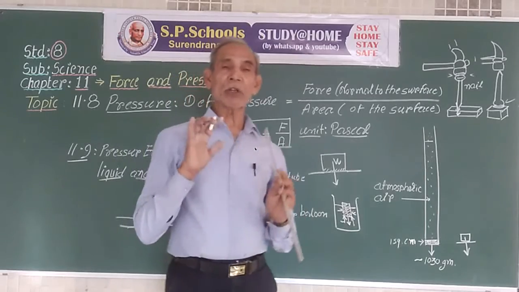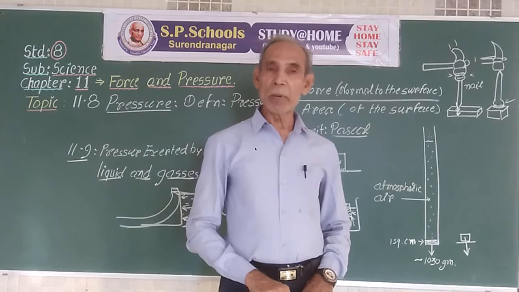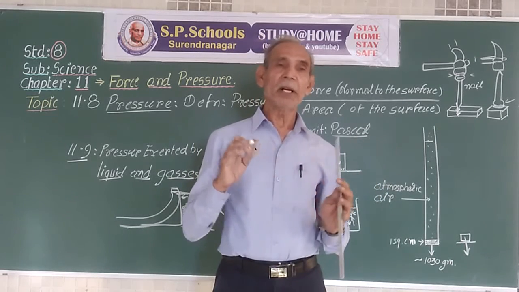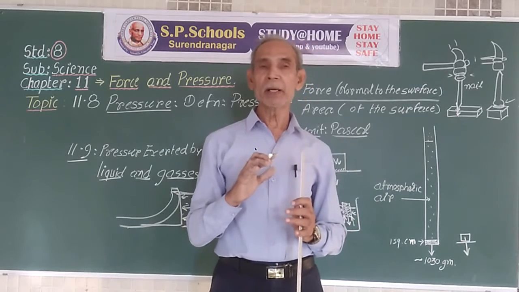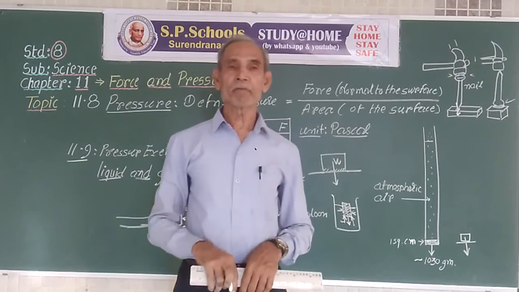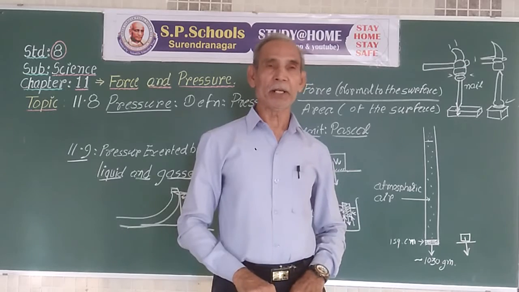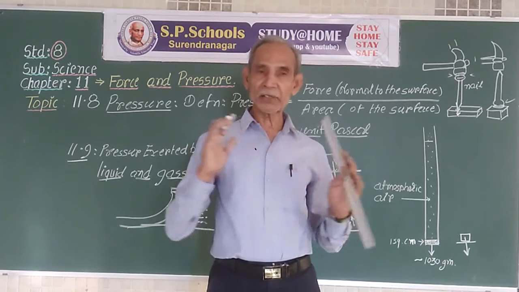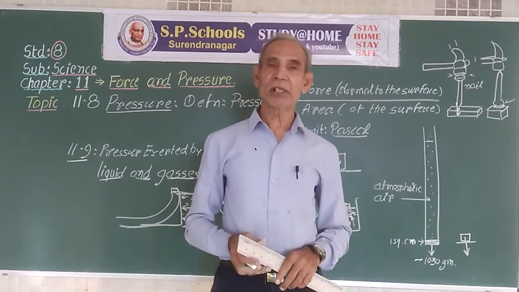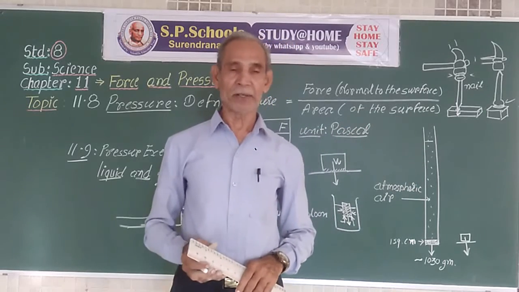Our heart also exerts pressure on blood. This we call blood pressure. When the heart contracts, it creates pressure on the blood mass, and blood is pumped out into the blood vessels in the body. When the heart relaxes, the blood collected by veins, the other blood vessels, is poured inside the heart.